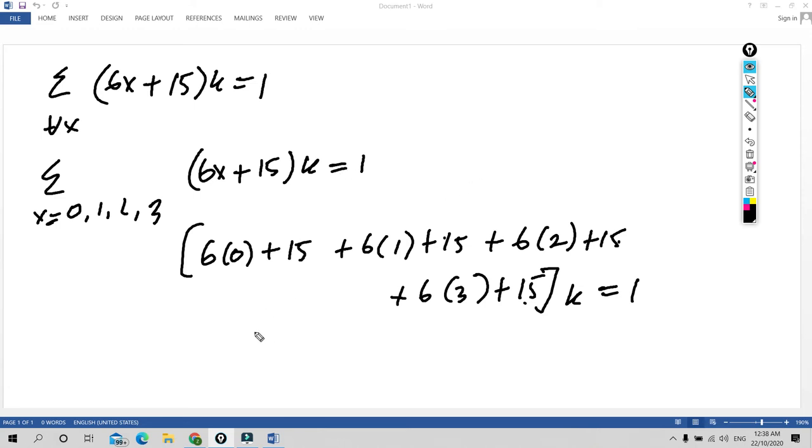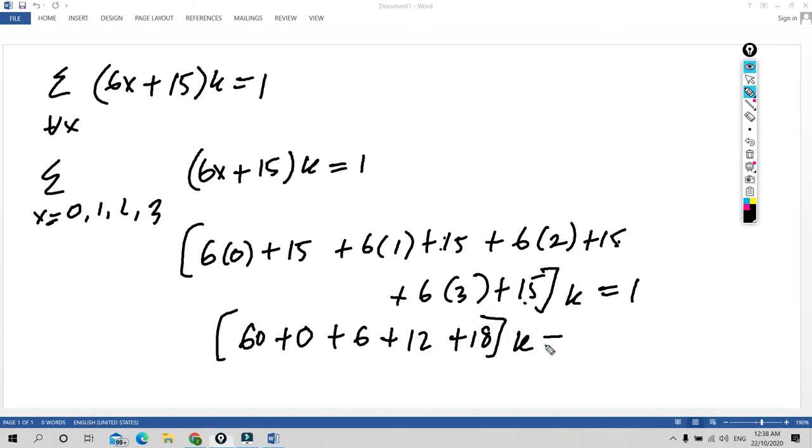So 60 plus 6 multiplied by 0 is 0, plus 6, plus 12, plus 18. So we have here 30 plus 6, 36. So 60 plus 36 is 96, multiplied by k equal to 1. Or in other words, k is equal to 1 over 96.